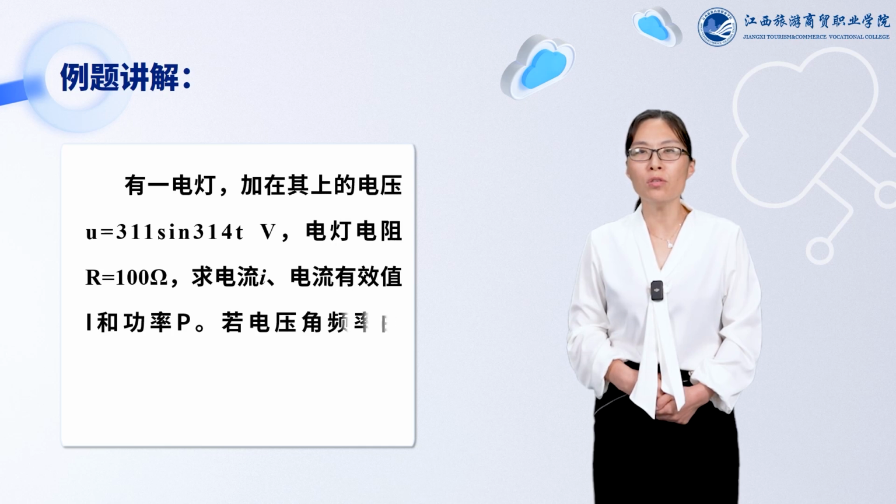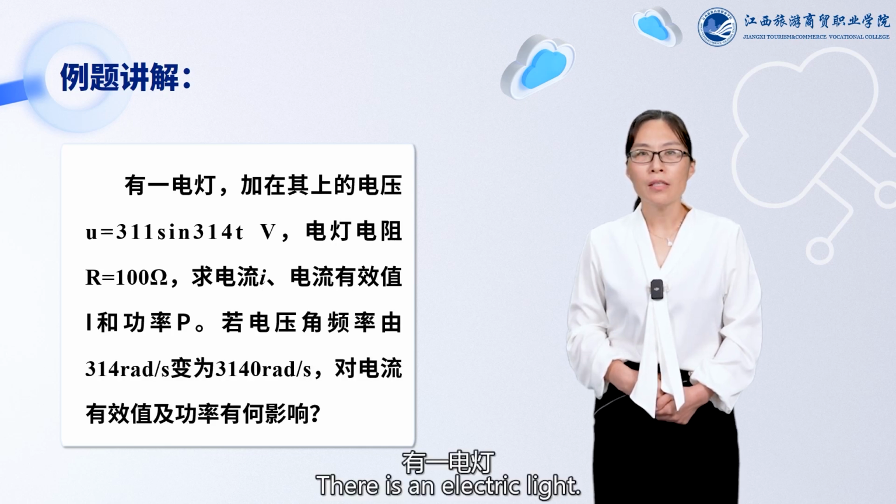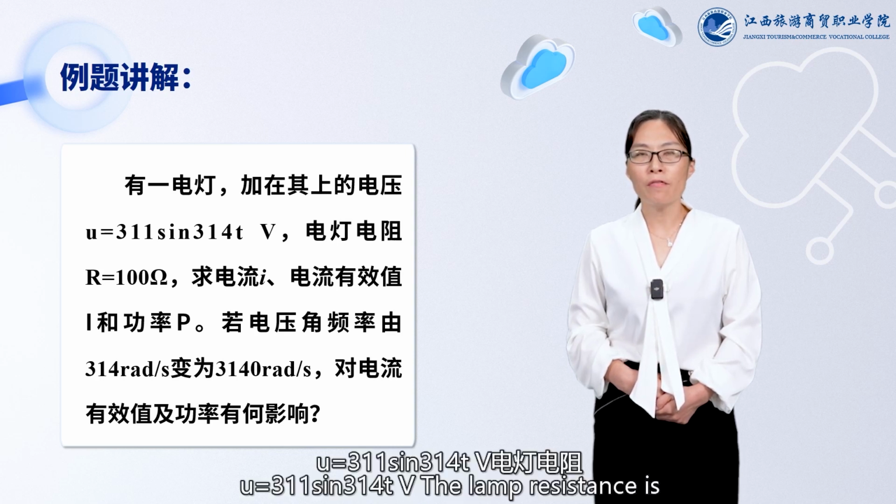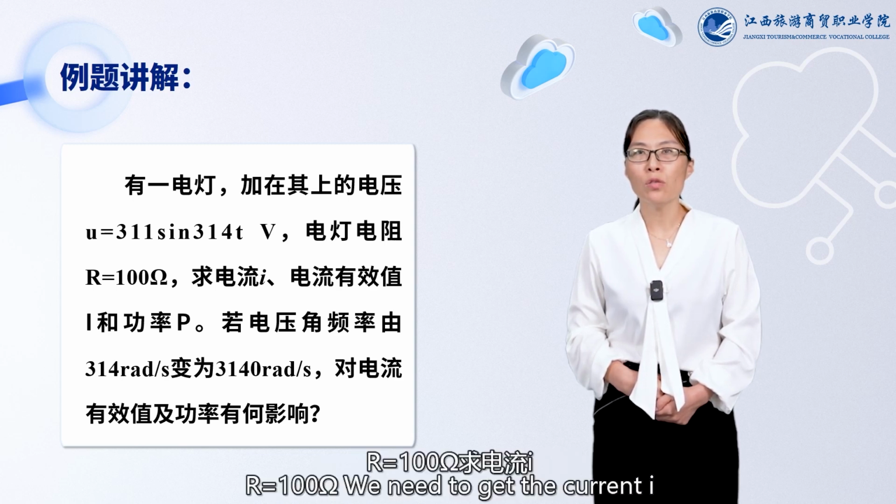Example. There is an electric light. The voltage applied to it is u equals 311 sine 314t volts. The lamp resistance is R equals 100 ohms.